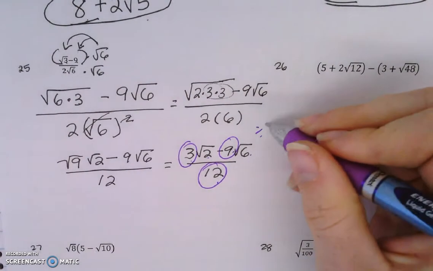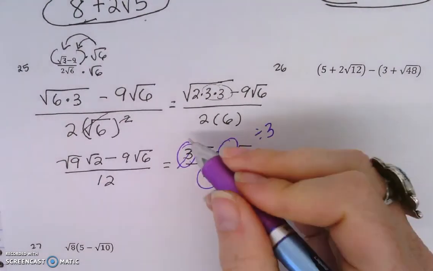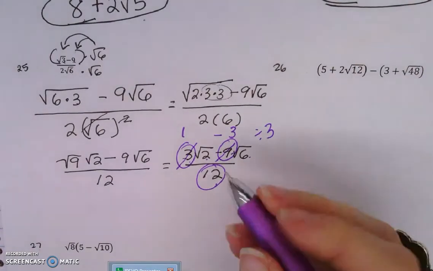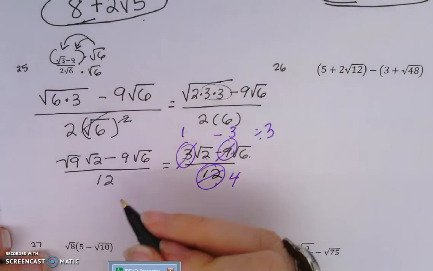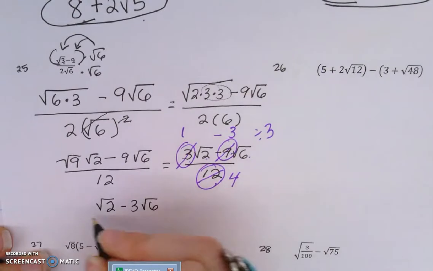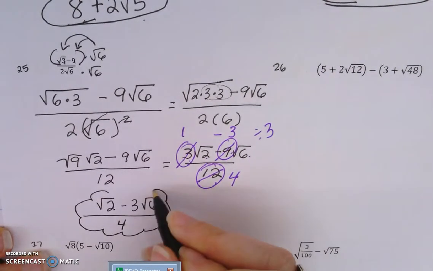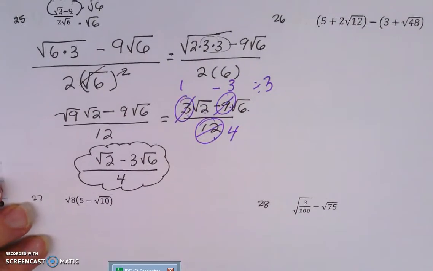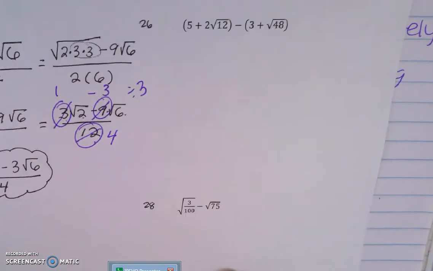So I'm going to divide every number just on the outside of the radicals by 3. 3 goes into 3 once, 3 goes into negative 9, negative 3 times, and 3 goes into 12 4 times. So that's how we end up with our final answer of square root of 2 minus 3 square root of 6 all over 4. And that is your most simplified answer for 25. Okay, let's look at 26.